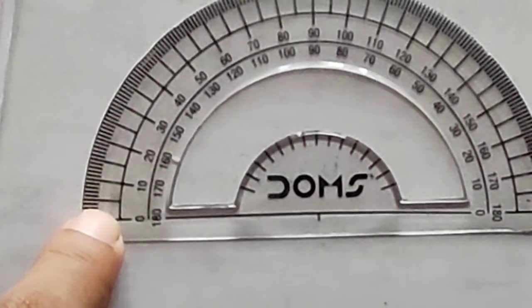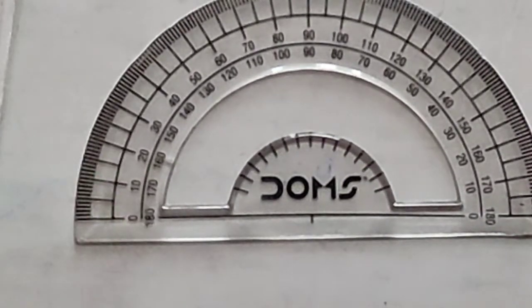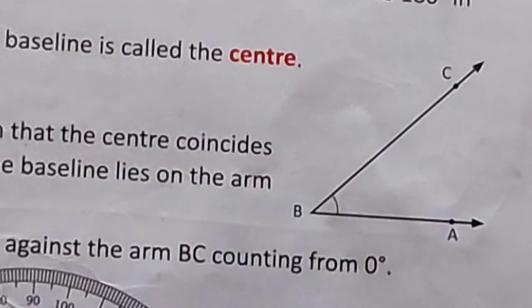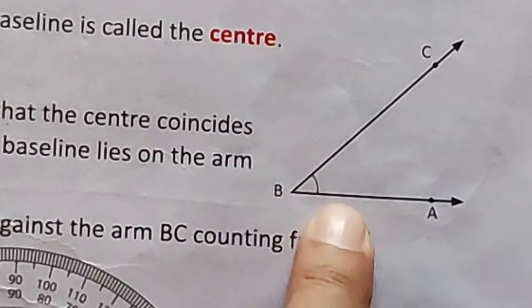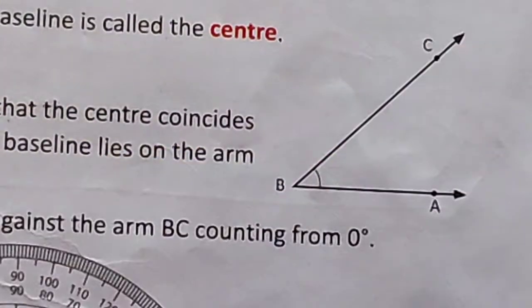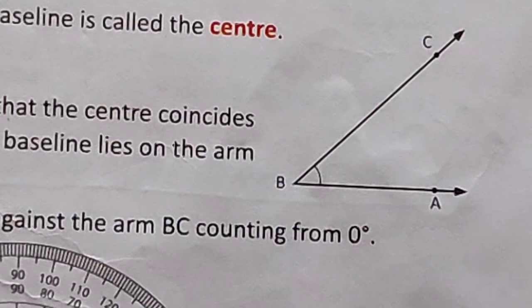Okay, now we see how to measure the angle. Okay, see in your textbook, suppose this type of angle is given. Now you have to measure angle ABC. So this is your protractor, you have to use the protractor.